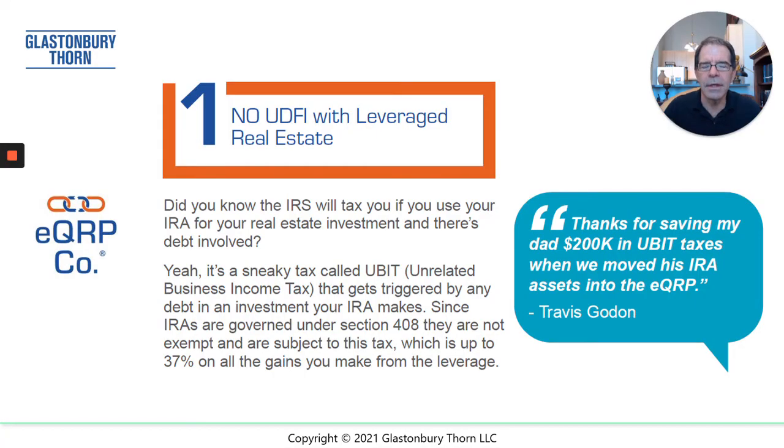But the thing that caught my eye in relation to this topic was that we're in a different part of the tax code. The whole problem that was described is related to Section 408 of the tax code.